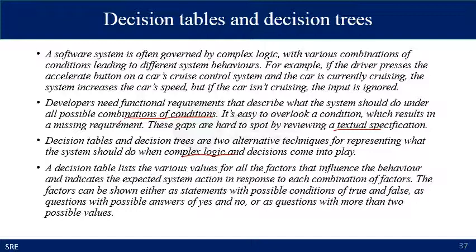These factors can be shown either as statements with the possible conditions of true and false, as questions with the possible answers of yes and no, or as questions with more than two possible values.